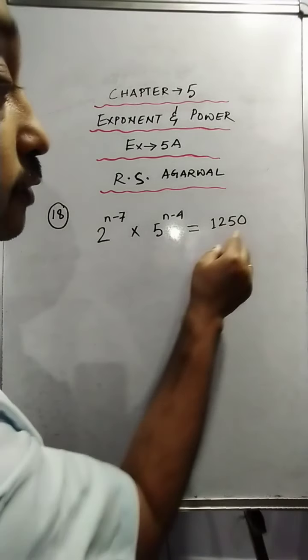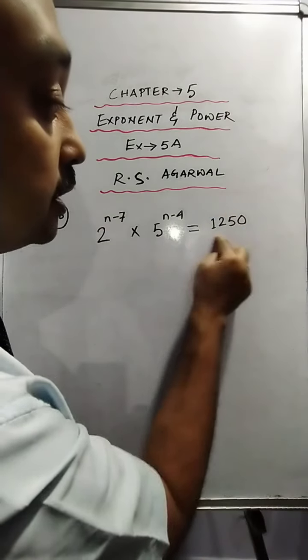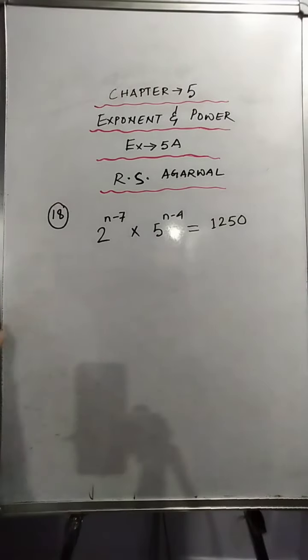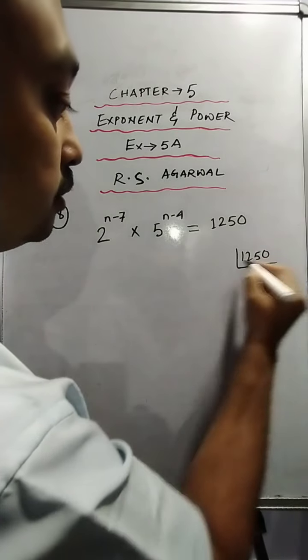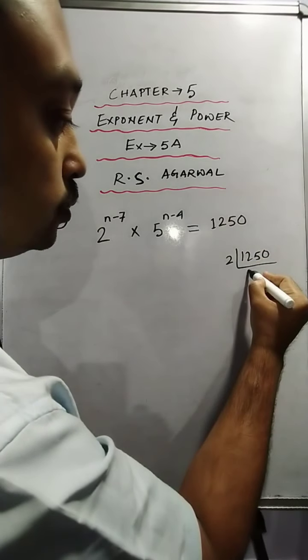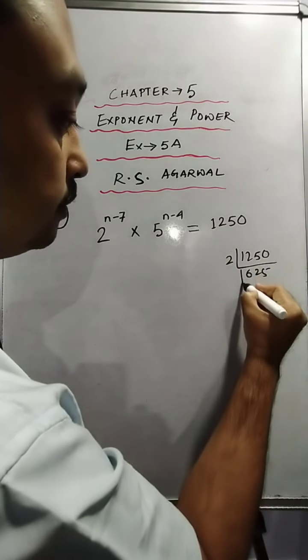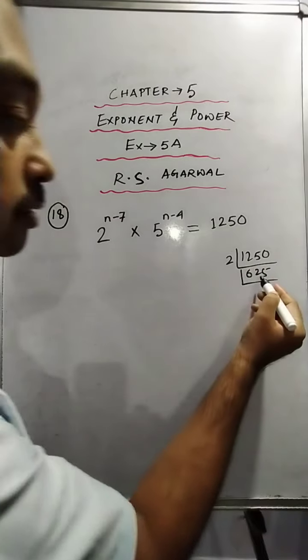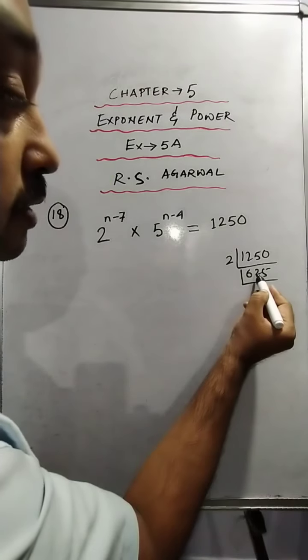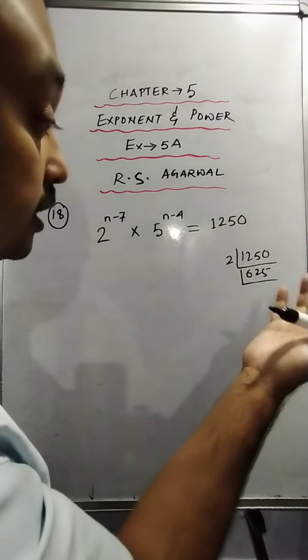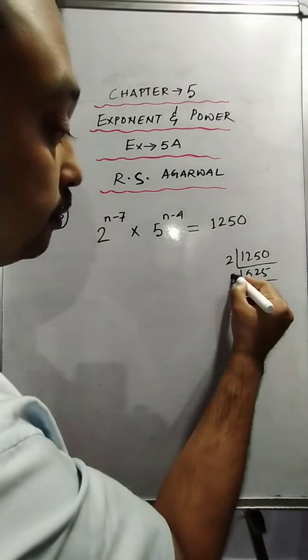Now the first thing that we'll do, we will prime factorize this 1250. So it is divisible by 2. 2 sixes are 12, 2 twenty-fives are fifty. Now this is not divisible by 2. Now not divisible by 3 also, because 6 plus 2 is 8, 8 plus 5 is 13, 13 is not divisible by 3. So it will be divisible by 5.